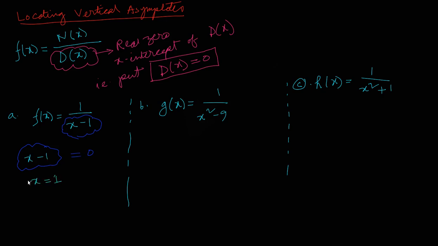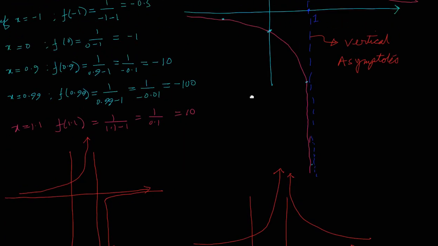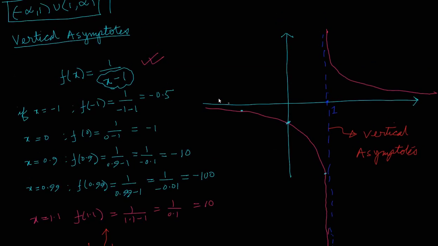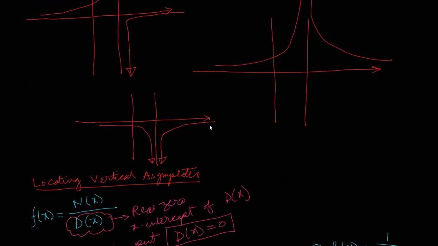So at x equal to 1, I am going to have a vertical asymptote. And just to show you the picture of that, remember we drew this function a little while ago. So what we found, at x equal to 1, I have a vertical asymptote. All right, so we saw it also in the example.